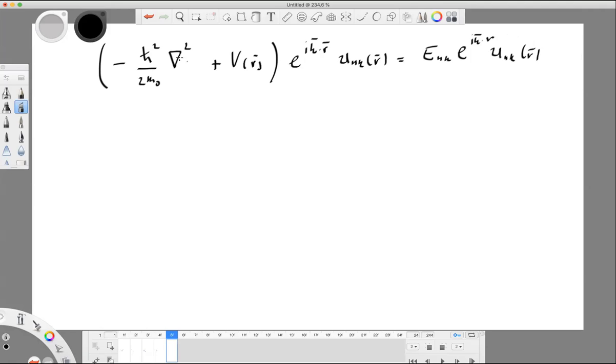Here this is nabla, so it's going to differentiate. This has an r dependence, and this has an r dependence. I'm not going to do all the details of taking the derivatives.